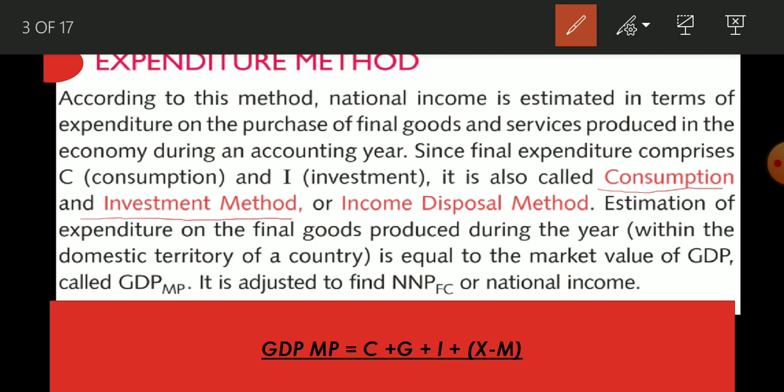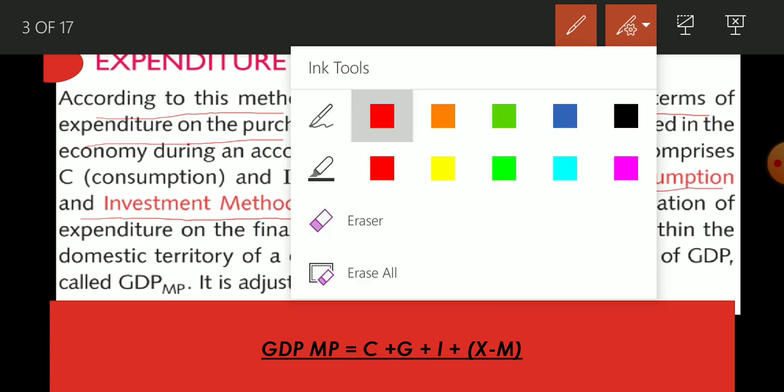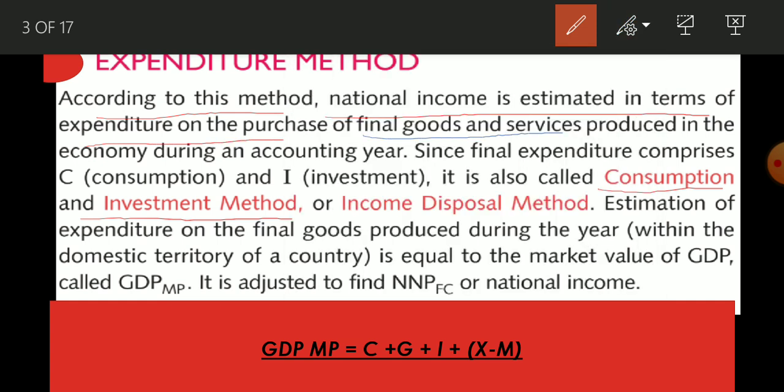So what is expenditure method? According to this method, national income is estimated in terms of expenditure on purchase of final goods and services produced in the economy during an accounting year. When we use this method, we get GDP MP, and for getting national income we require some adjustment. When we move from gross to net, we subtract depreciation.